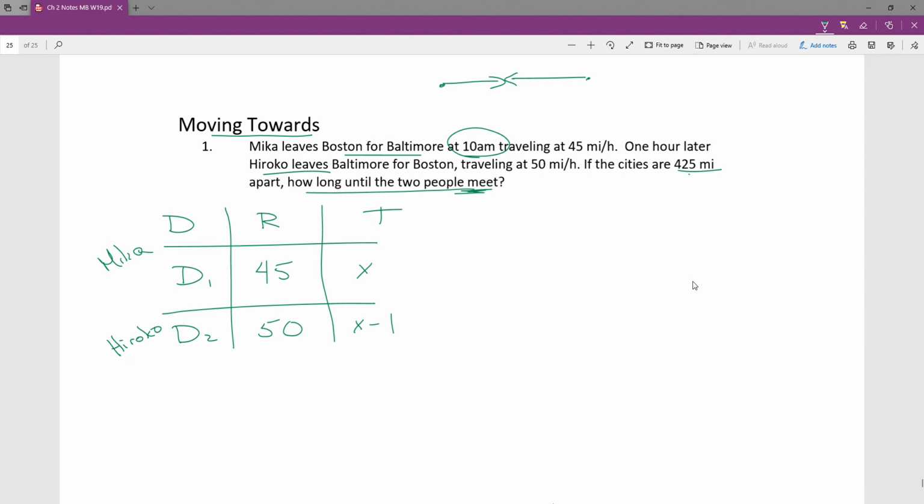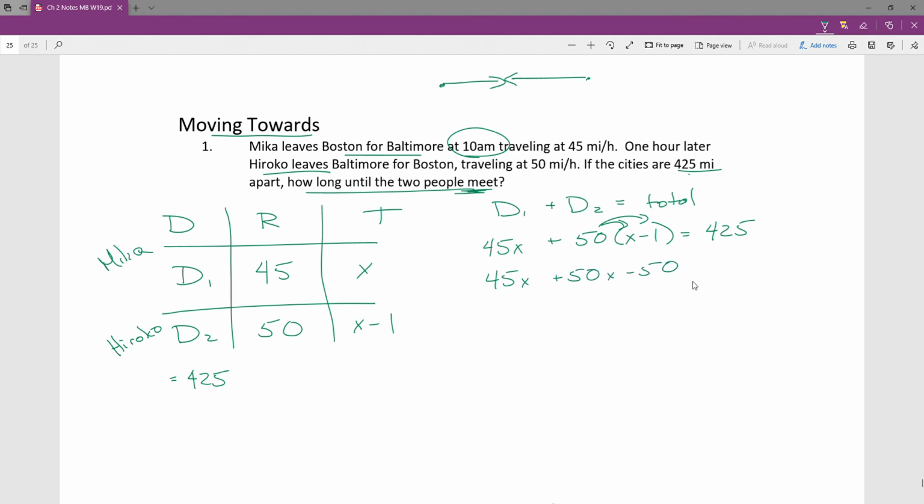Because we're given a total 425, that means that our framework is D1 plus D2 would equal that total. And so my D1 expression is 45x and my D2 expression is 50 times x minus 1, and that should equal the 425. We're going to do some distributive property, and we're going to collect up our like terms.